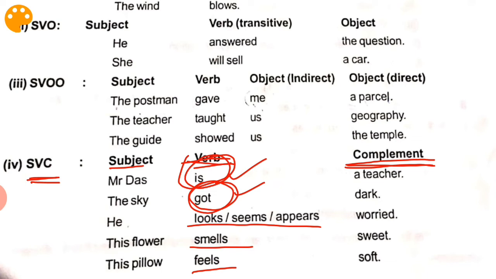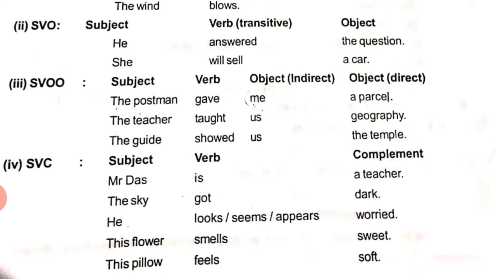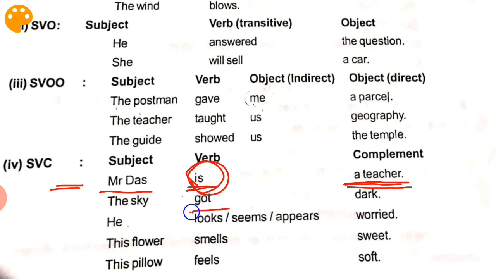You can better understand from the given examples here. The first example is Mr. Das is a teacher. Mr. Das is the subject, is the verb, then a teacher is the complement, because here it is the be verb. After the be verb the complement comes. The second example, got, a link verb. After a link verb what comes?